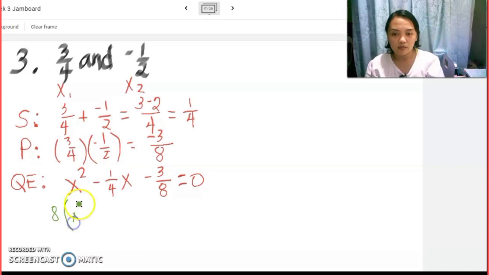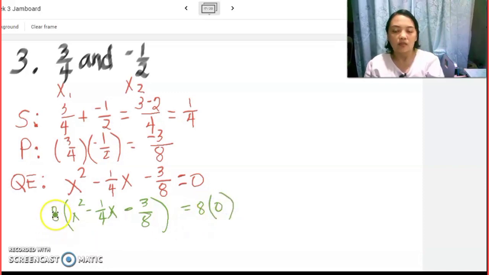So, 8 times x squared minus 1/4 x minus 3 over 8 is equal to 8 times 0. 8 times x squared is 8x squared. 8 times 1/4, so it cancels, like 8 divided by 4, which is negative 2x.